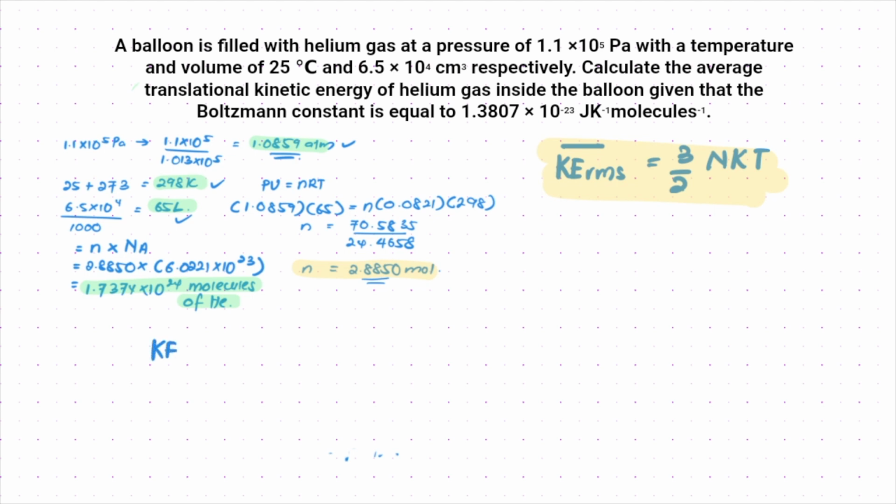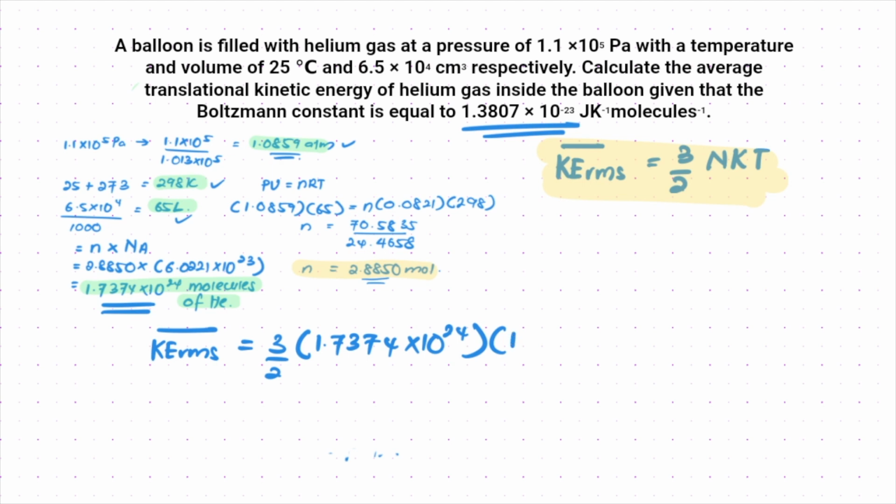KE is equivalent to 3 over 2, your N is 1.7374 times 10 to the power of 24, times your k, the Boltzmann constant given in the question, 1.3807 times 10 to the power of negative 23, times your temperature.